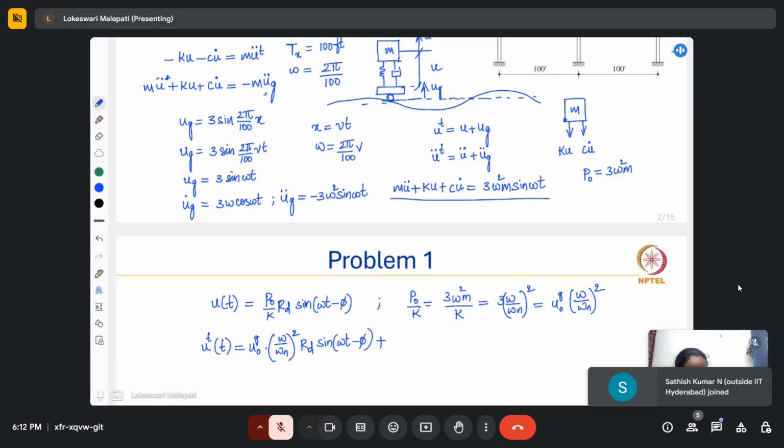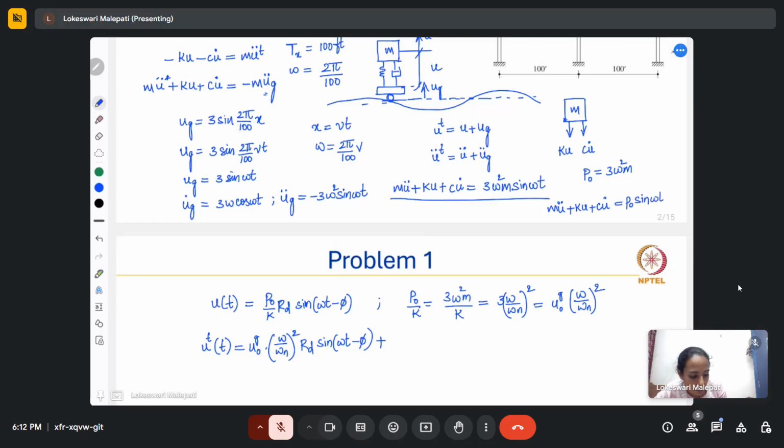In that case, you would have seen this equation, mu double dot plus ku plus cu dot is equal to p naught sine omega t. So I just compared this equation with the previous equation, because we have already derived the solution for this equation. All right, yeah.